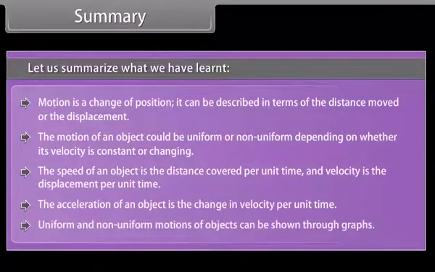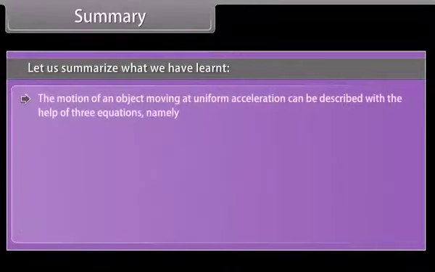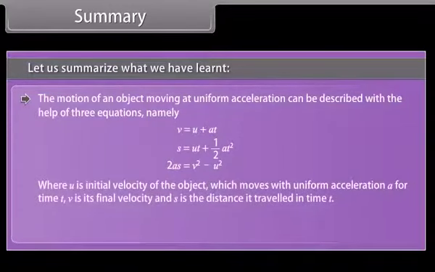Uniform and non-uniform motions of objects can be shown through graphs. The motion of an object moving at uniform acceleration can be described with the help of three equations, namely v is equal to u plus at, s is equal to ut plus 1 upon 2 at square, and 2as is equal to v square minus u square, where u is the initial velocity of the object which moves with uniform acceleration a for time t, v is its final velocity, and s is the distance it traveled in time t.